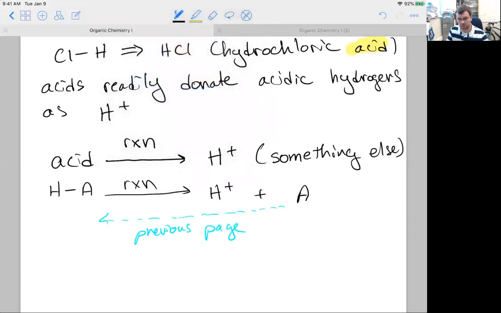So if we're going one way, basically what I'm saying is whatever happens in one direction must happen in the other direction. This is what we call a reversible reaction. Said another way, and more succinctly, for this reaction to work, as we see in our previous page of notes, A must have a negative formal charge, and have a lone pair of electrons.